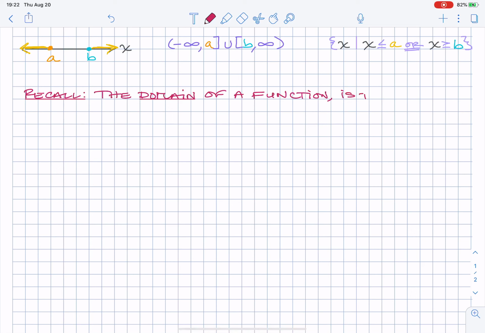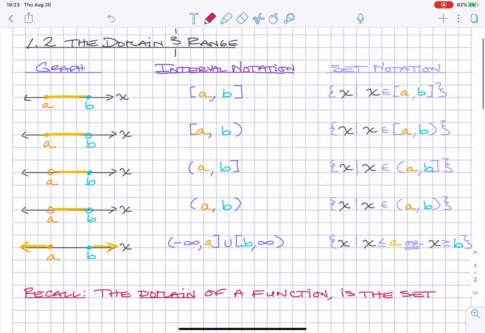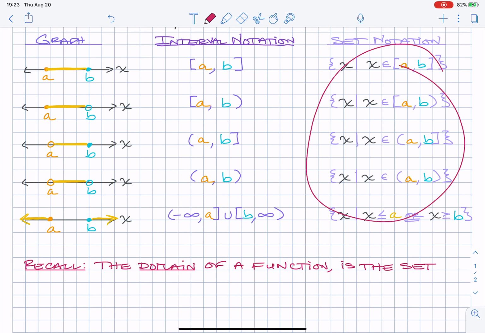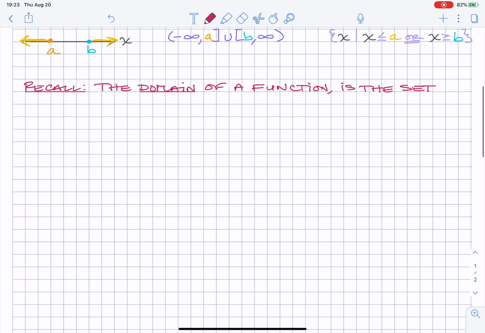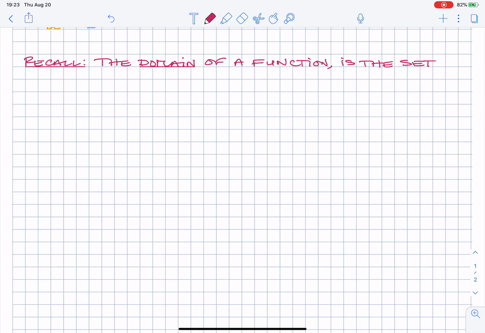Notice I'm using the word set. So I'm going to be using set notation for the domain, and I am. So the domain of a function is the set of all allowable inputs x.